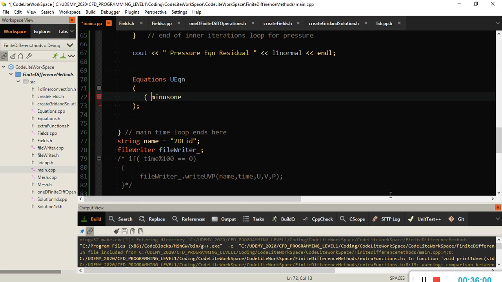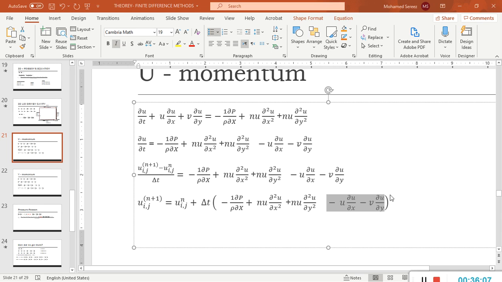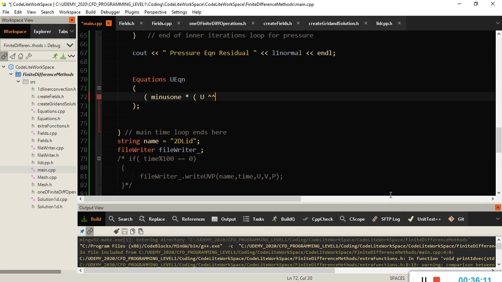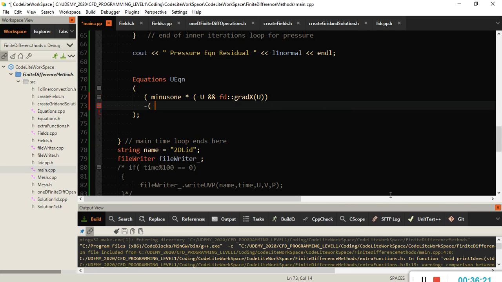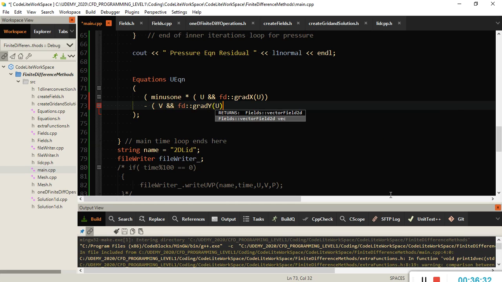So minus 1 multiplied by u and u multiplied by fd grad x of u, and then minus the second term, which is v multiplied by fd grad y of u.